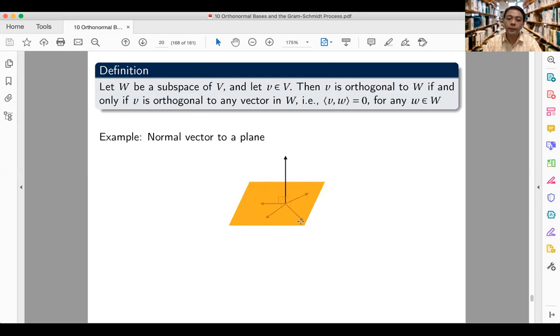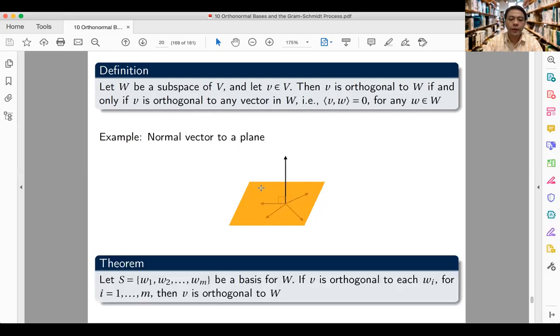Okay, so this vector is orthogonal to the subspace W if this is our subspace W. Now, showing that a vector v is orthogonal to a subspace W by way of showing it is orthogonal to any vector in W is impossible to implement because there are infinitely many vectors in W.